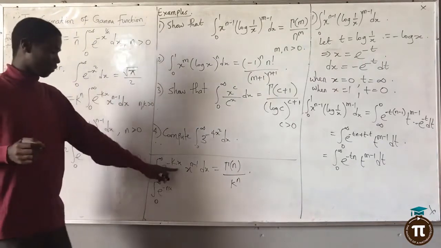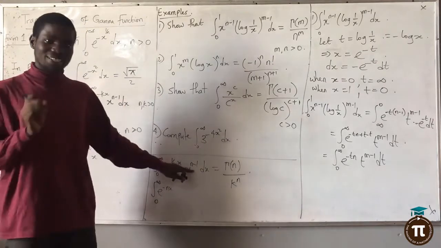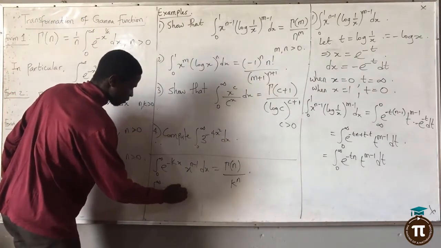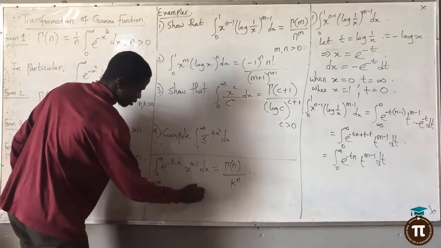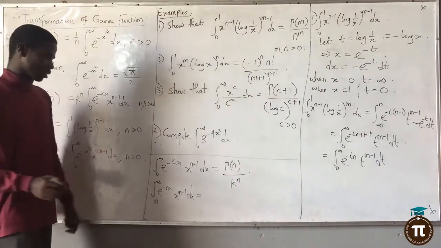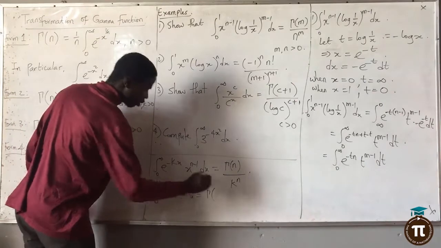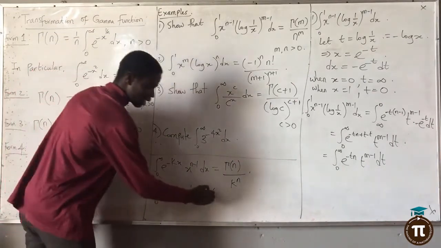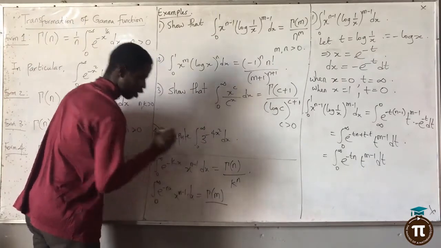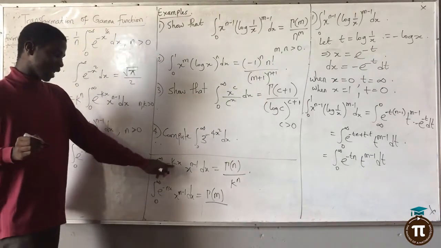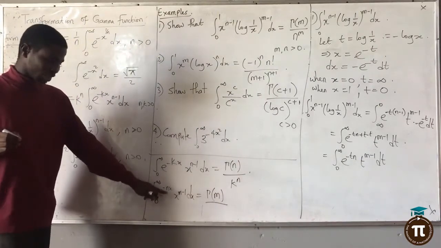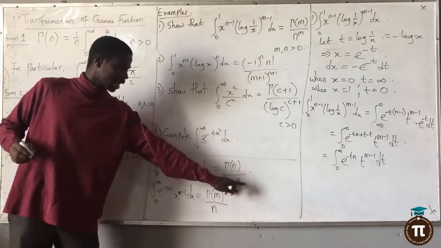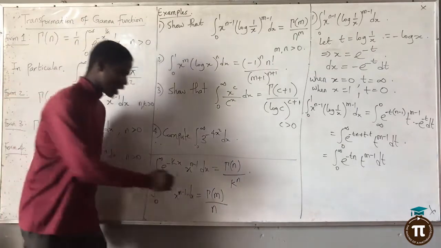And if I replace n with m, I have s raised to the power of m minus 1 ds. This will be equal to gamma of m, all over k, which I have replaced with n, so I have n raised to the power m.